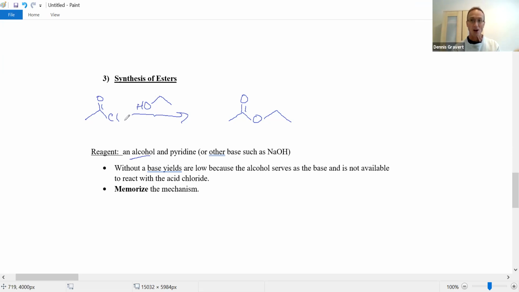You can get it started. The lone pair on the alcohol will bump up the pi bond, but it's this hydrogen that needs some help being removed. And we need another base to come in here. So we want a base that's not going to make a new product with the acid chloride. And pyridine fits the bill. Pyridine is a mild base. It's sometimes called an acid scavenger.